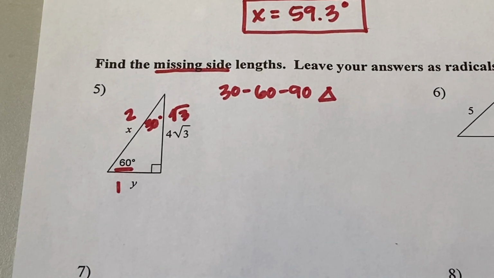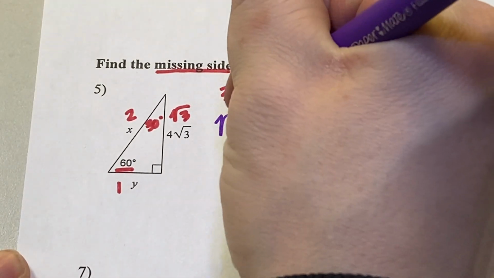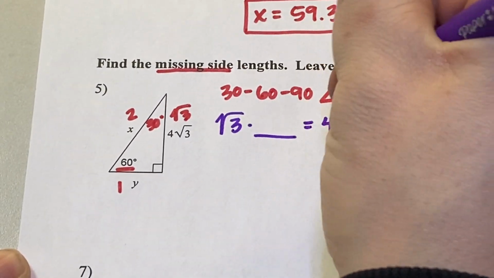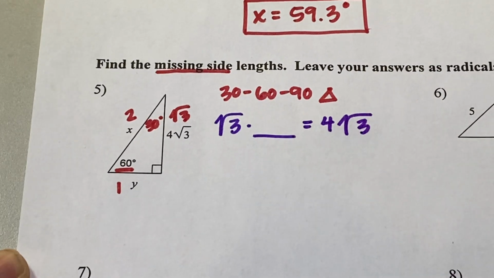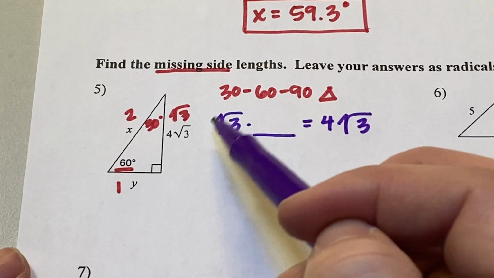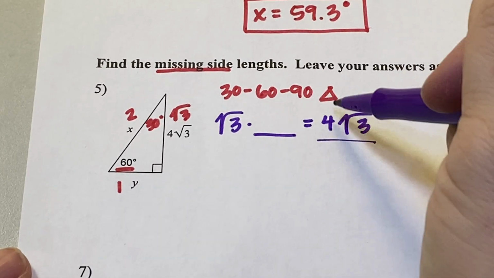Okay, so let's see how they changed. It's going to help us find our missing two sides, x and y. What did we multiply root 3 by to get 4 root 3? Easy peasy. We started out as root 3. We had to multiply something to get 4 root 3.